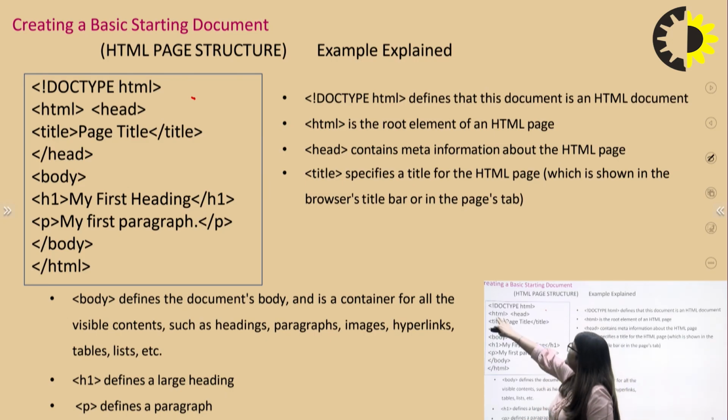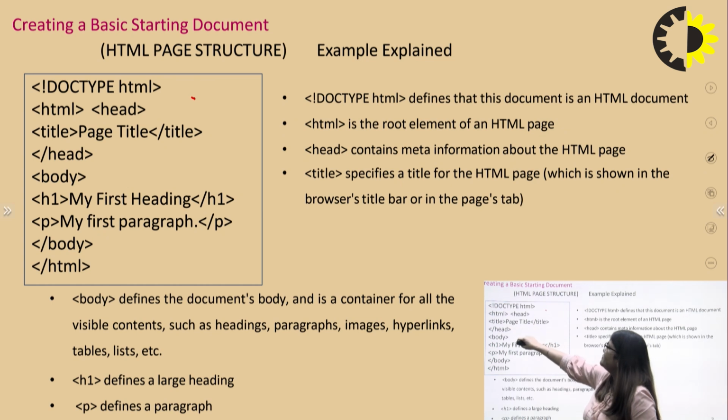So the first is HTML. Now we have another tag that is called head, and it has an open tag and a close tag, and between them we write the title.